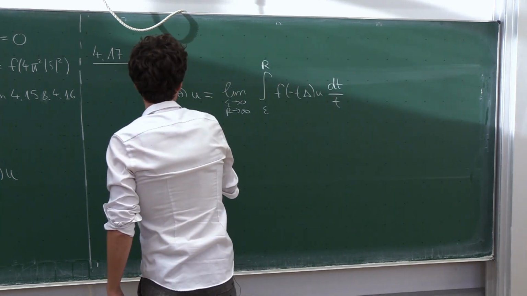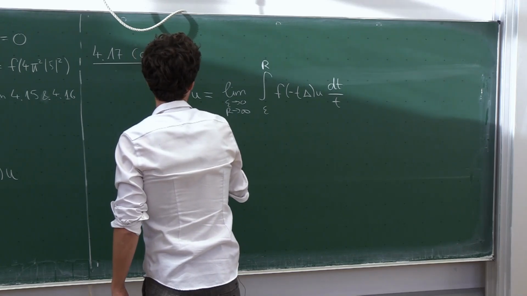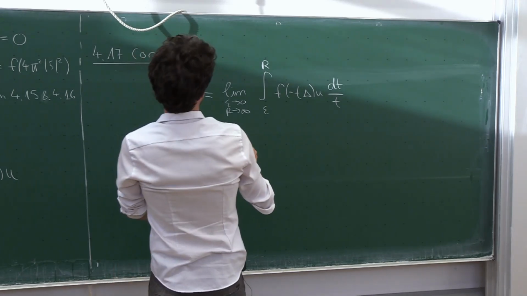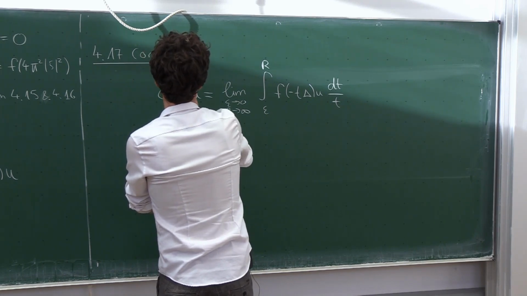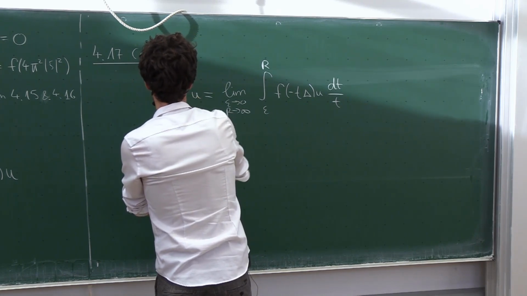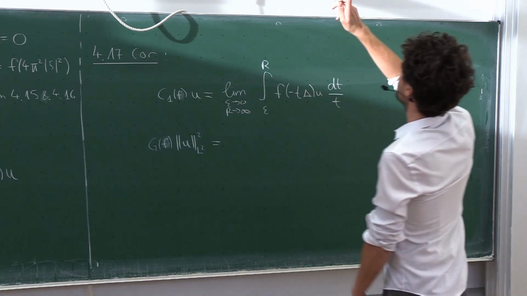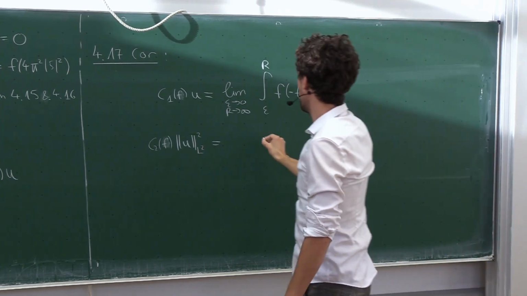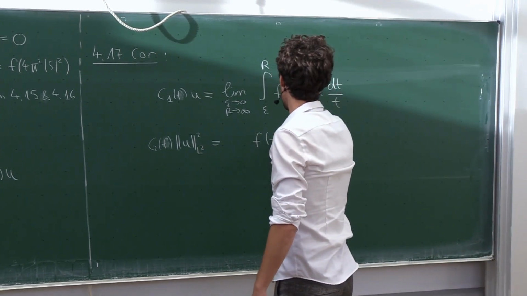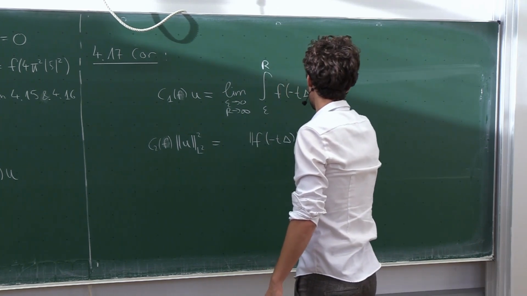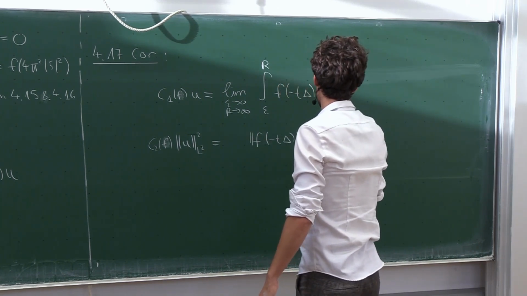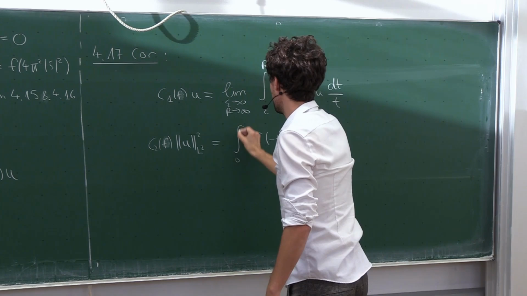And I get the norm of u squared, up to a constant, which could be a constant of f, by looking at these operators f of minus t Laplacian, taking their norm in L2 squared, integrating dt over t from 0 to infinity.